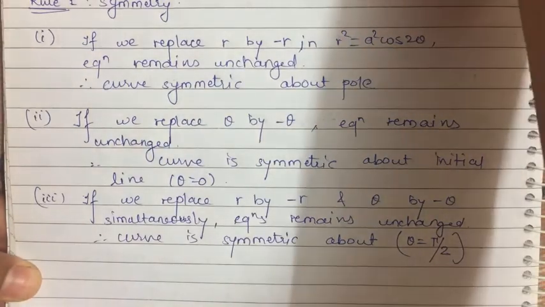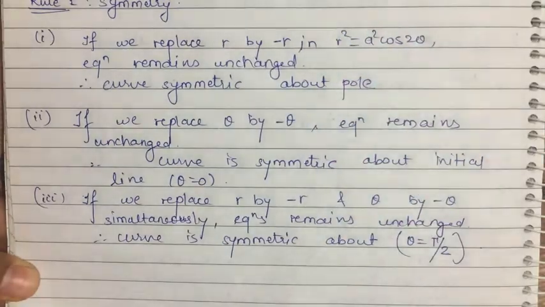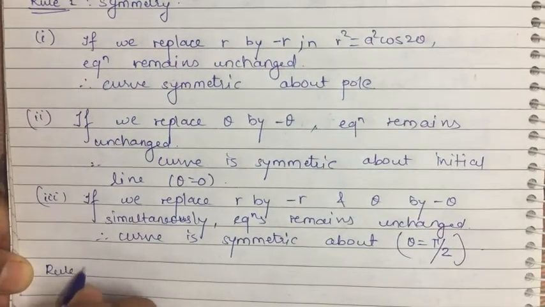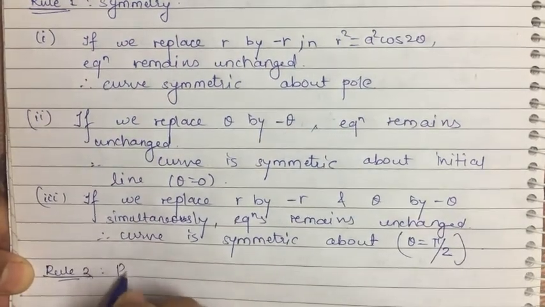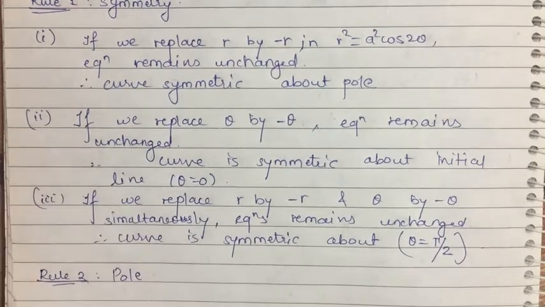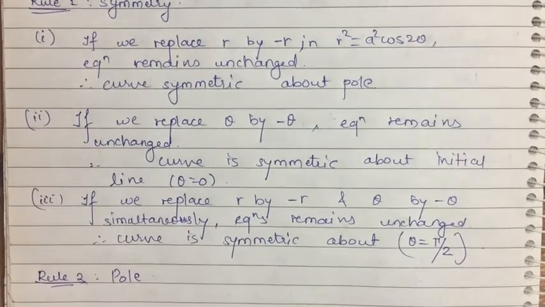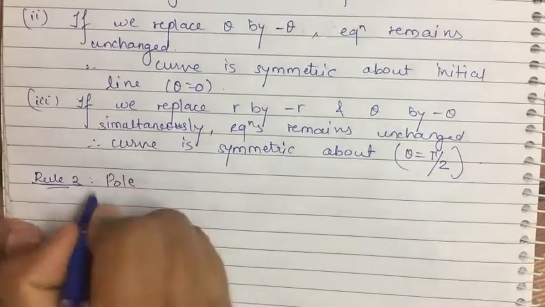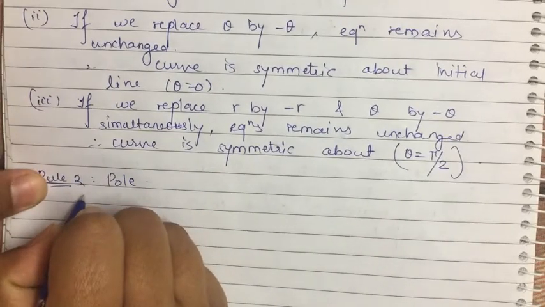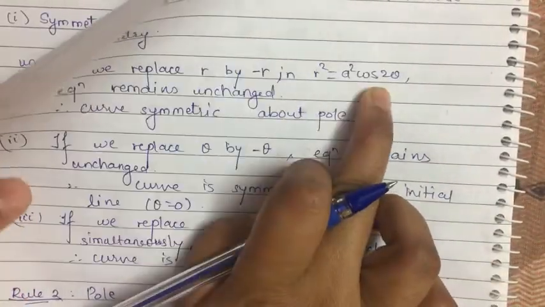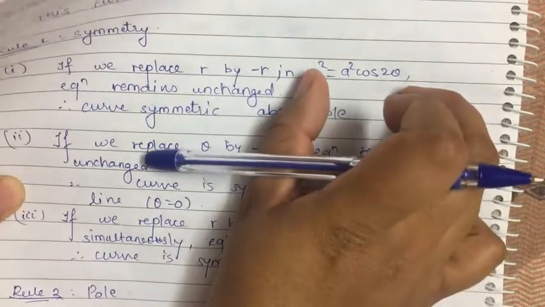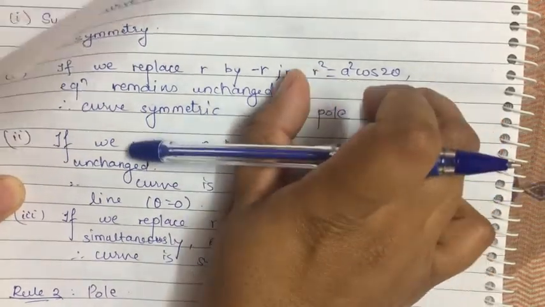Okay, now the next is we need to check for, yes, rule 2 is pole. Now we need to see whether it passes through pole or not. Now see, by observation we need to find such values of theta for which r becomes 0. Do there exist any value of theta for which r becomes 0?